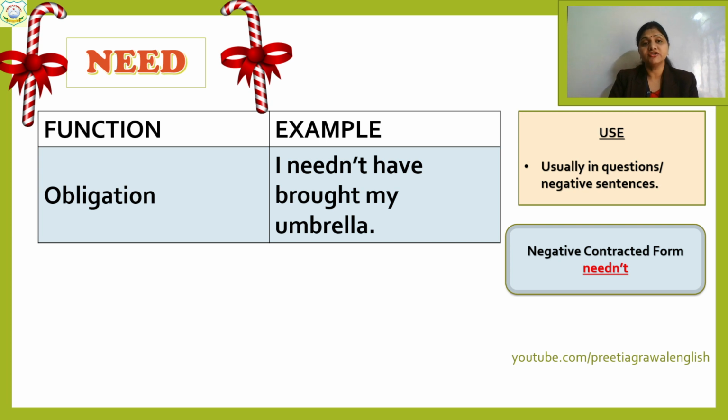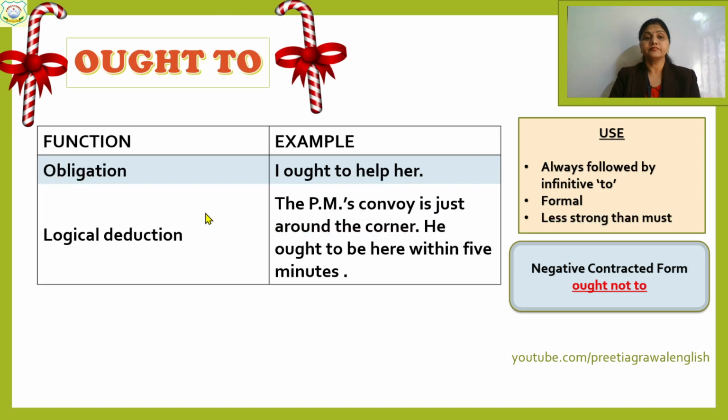Okay. Of course, need means jarurat. There is no need. We say no, there is no need to do this work. So in the same way, here also you can say the function along with the use, we can also use this modal need whenever there is any obligation.